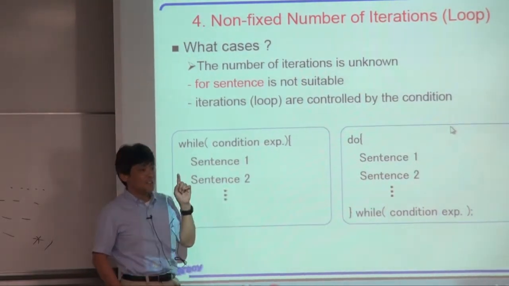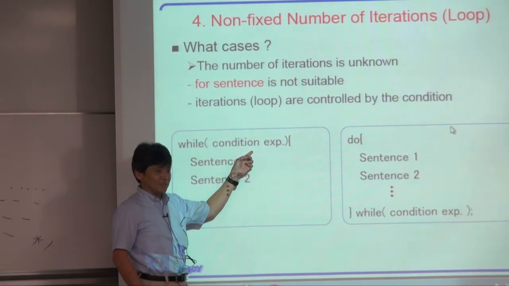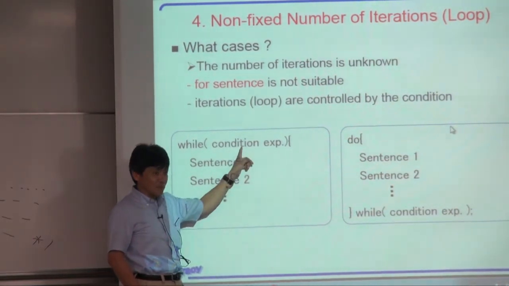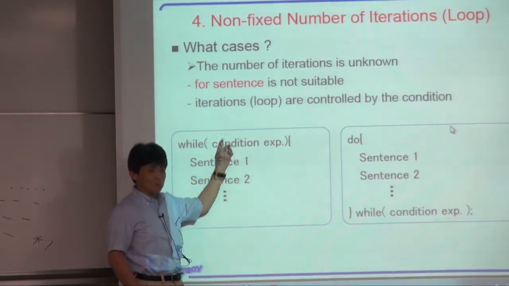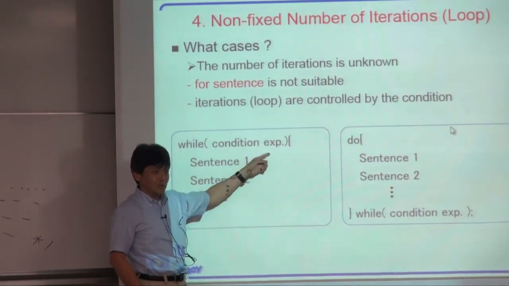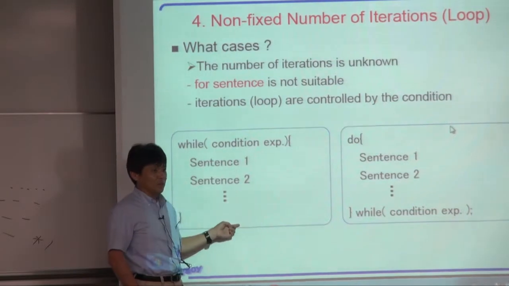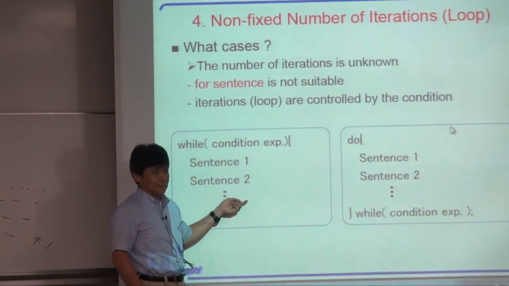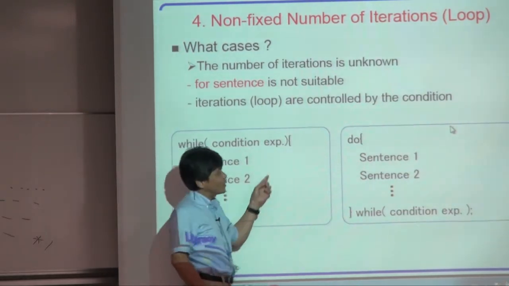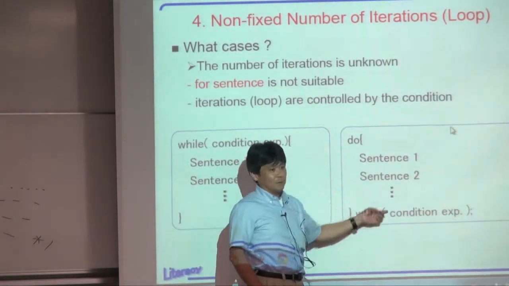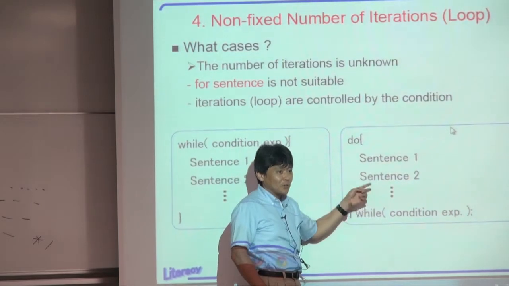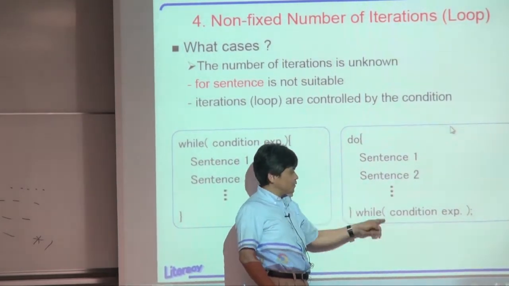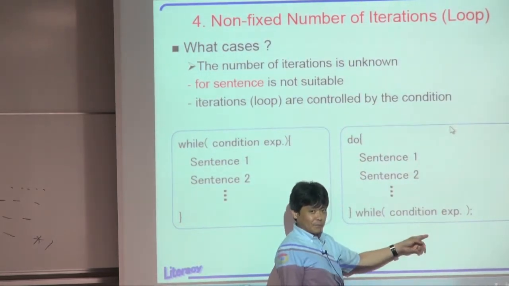So for example, if the initial result of this condition is false, this block will not be executed. However, in this case, this block is always executed at least once. Then this condition will be evaluated. Okay?